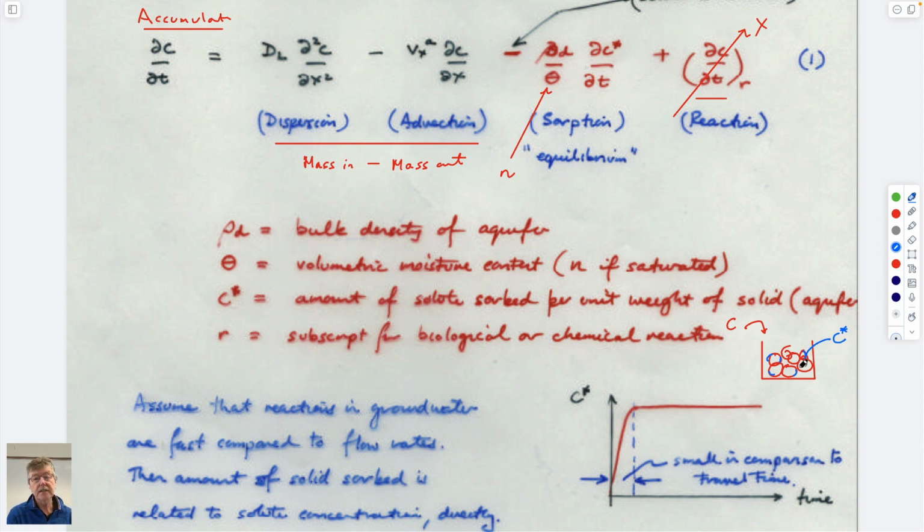Obviously, if C star gets attached on the grains, if you empty the water out, it's not present in the water, and so you're changing the concentration in the water as a result of that.